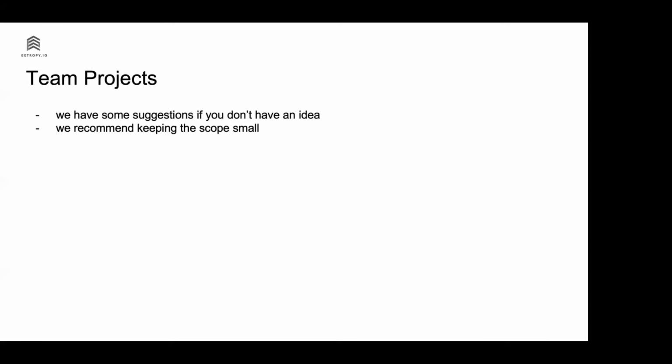One bit of advice I would give up front is to keep the scope of the project quite small, because you don't have a great deal of time, so you're not going to have time to write a large project or do much in depth. It's also good for keeping your interest up. If you're making progress and you can get something finished, that'll keep your motivation going, rather than trying to do something too large and only getting part way through.